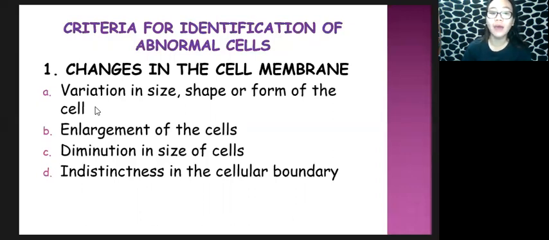Apart from that, another change in the cell membrane would be the presence of an indistinctness in the cellular boundary.